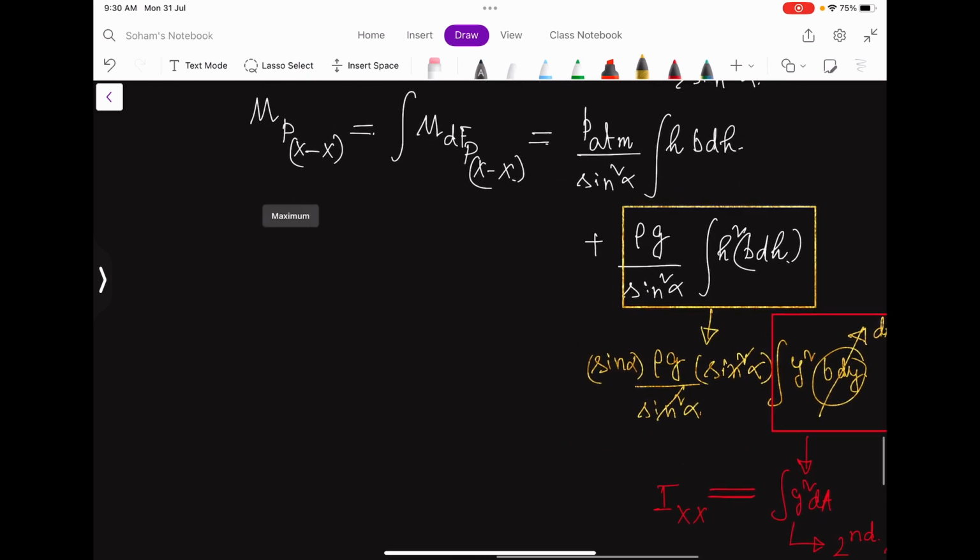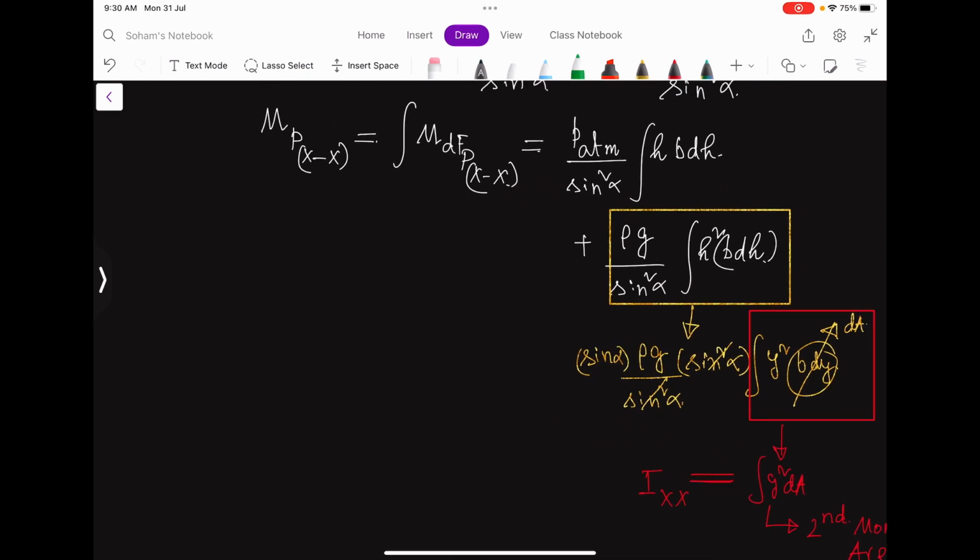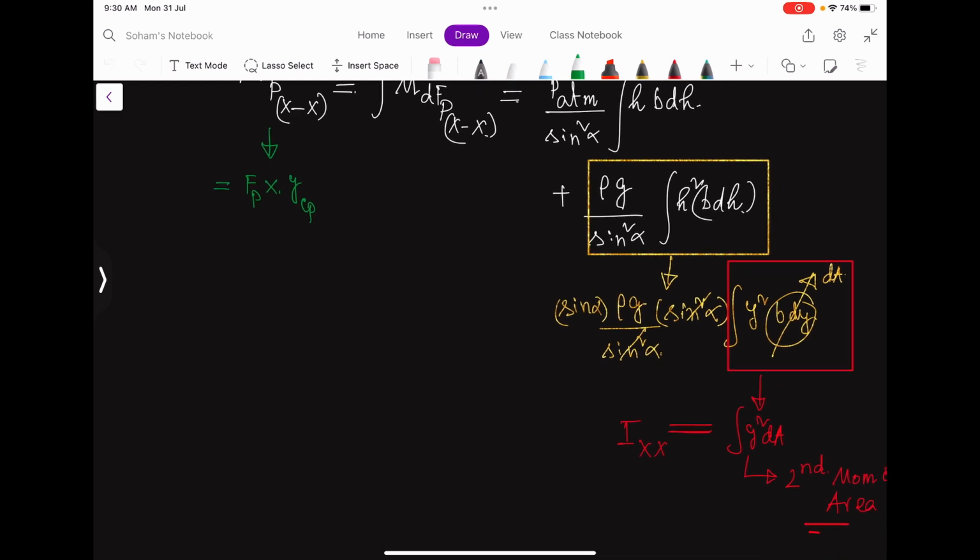Therefore I can write this moment of pressure force as the actual pressure force into this ycp, because this pressure force can be thought to be acting through the center of pressure. Now if I equate this and this equation, what do I mean by the actual pressure force?